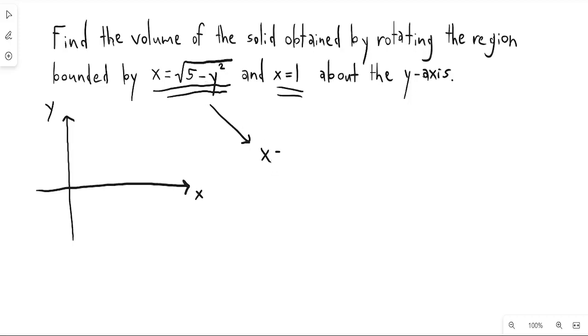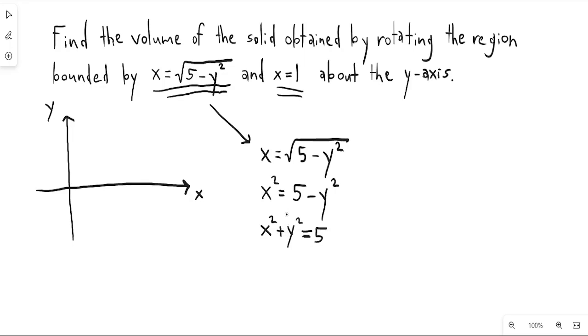So I have x equals square root of 5 minus y squared. If I square both sides of this, I get x squared is equal to 5 minus y squared. And then if I add the y squared to both sides, I get x squared plus y squared is equal to 5. So this is actually the equation of a circle.